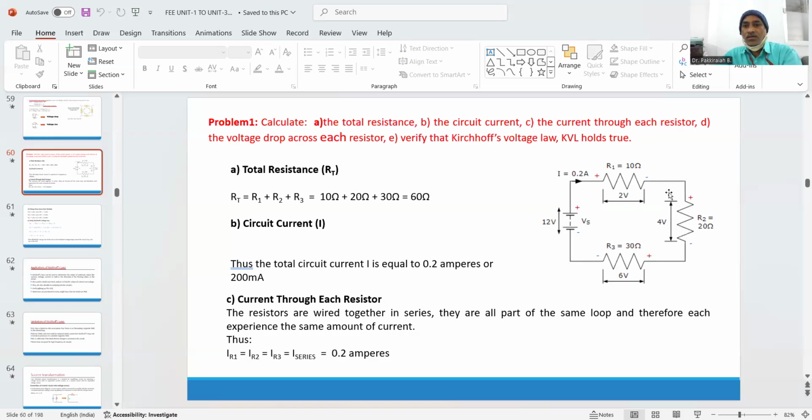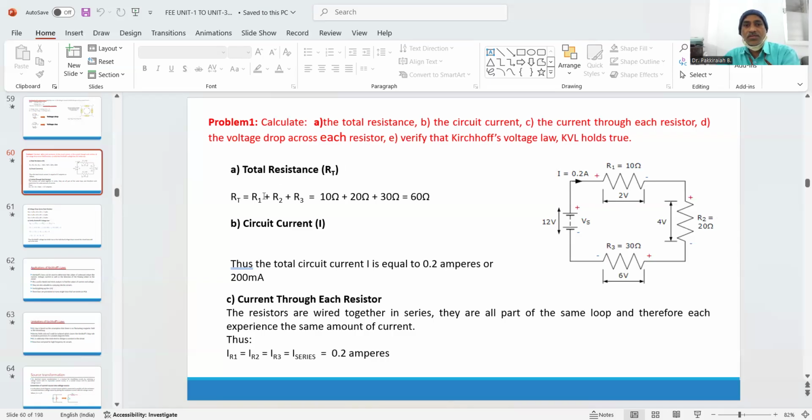Or the algebraic sum of the supply voltage and all the drops should become equal to 0. Since I have taken here 3 resistors, there will be 3 drops. So the algebraic sum of voltages in this closed circuit is V equal to V1 plus V2 plus V3, or V minus V1 minus V2 minus V3 equal to 0.